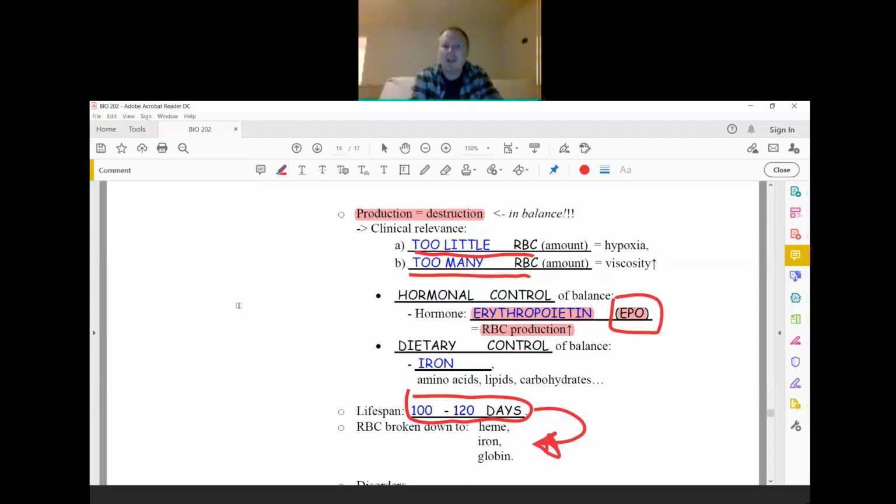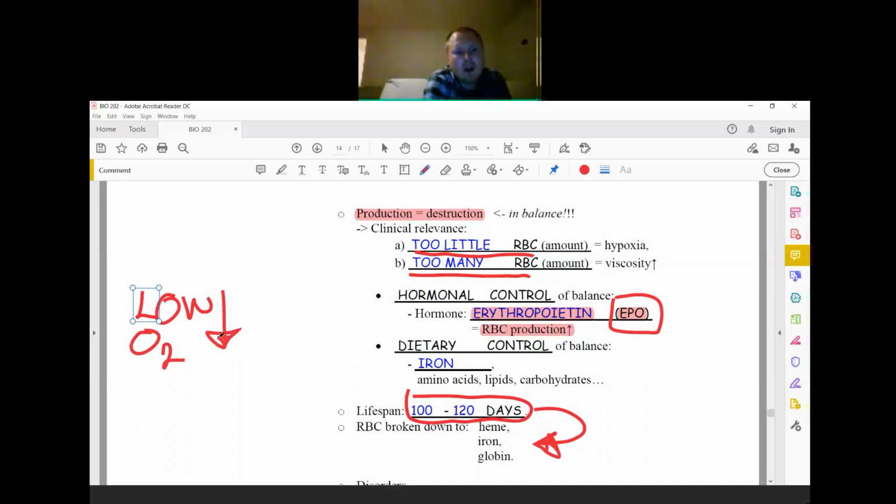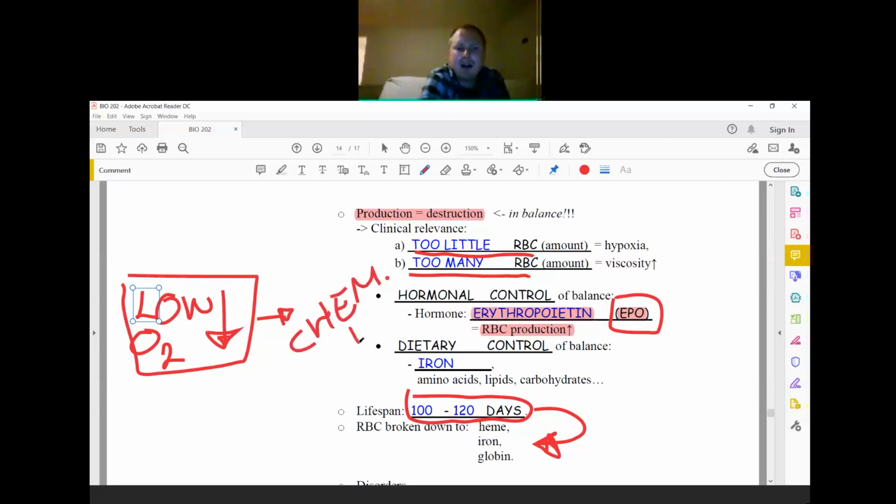Well, you can think of this as a homeostatic feedback mechanism loop. So here we have low oxygen concentration in the blood. That's our stimulus. That's noticed by, you don't need to know this structure, chemoreceptors of the blood. They're the sensor that gets passed to the brain, which is our control center.